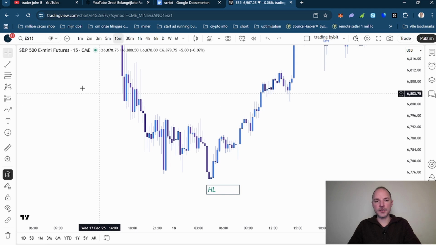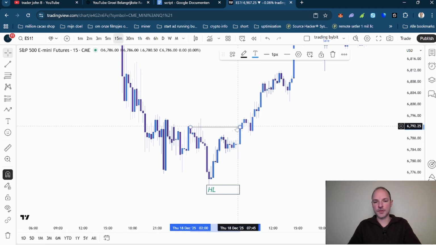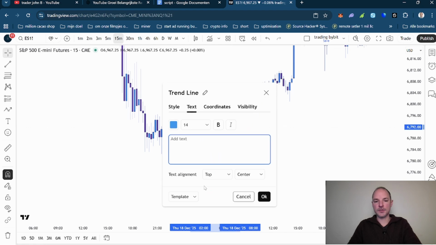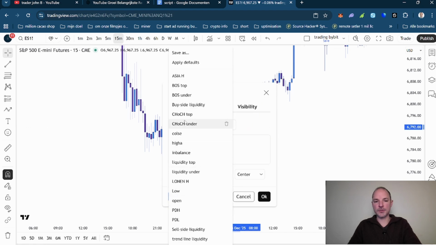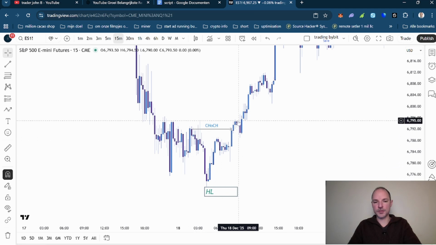I want to see a clear break above this structure, and this would be a change in character to the top side, because we have here an internal high that just got broken. So this is a new shift to the upside.